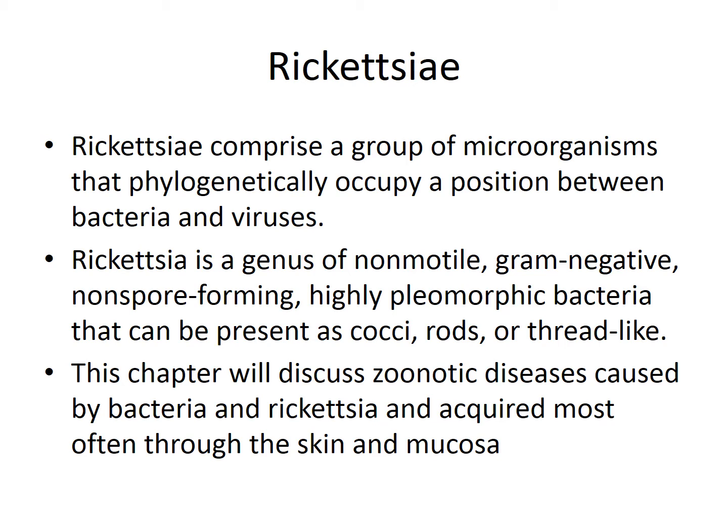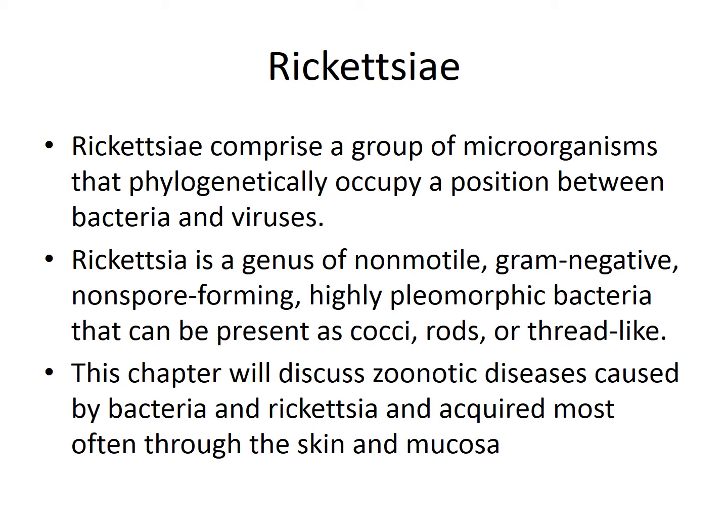Gram-negative. We know that our bacteria are either gram-negative or gram-positive. These little guys are gram-negative. They do not form spores. They are highly pleomorphic, which means that they can change the way they look or how they present themselves.